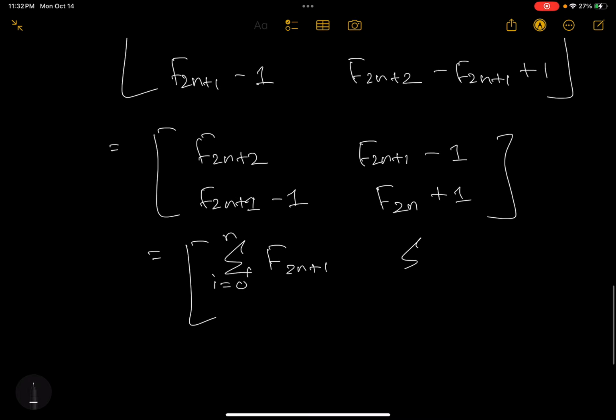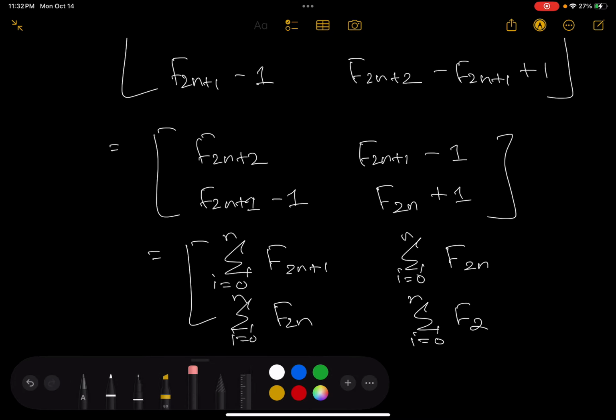This should be the sum from i equals 0 to n of f 2n, the sum from i equals 0 to n of f 2. Oh yes, I'm sorry, these are supposed to be i.